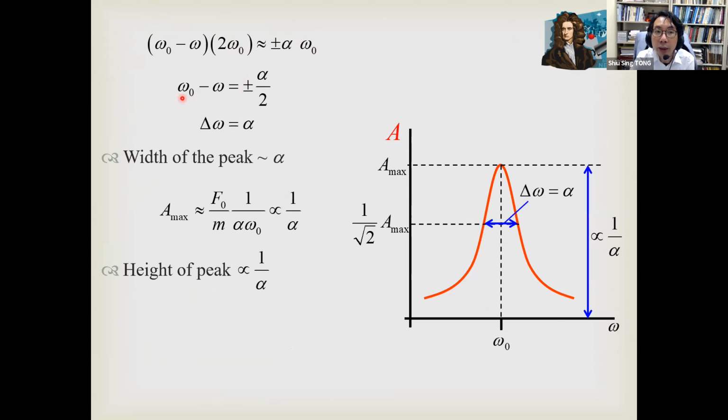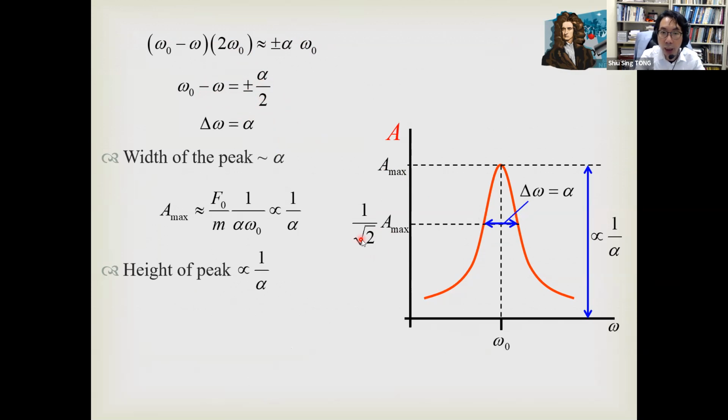Okay, we find that omega naught minus omega is plus or minus alpha over 2. So omega is actually omega naught plus alpha over 2 and omega naught minus alpha over 2. So we got 2 solutions, right?